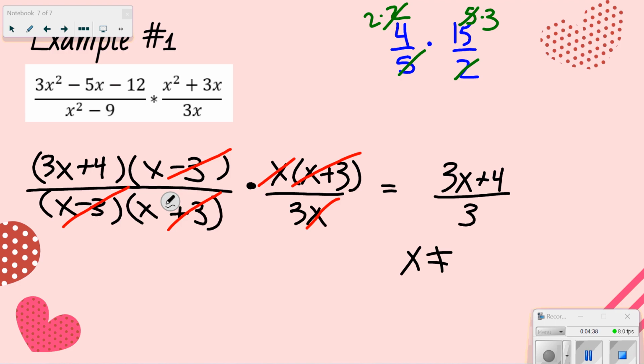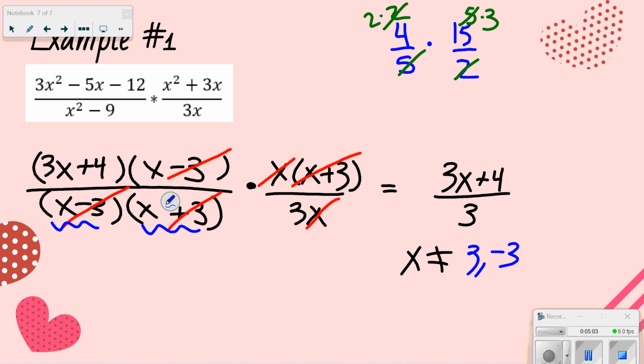Yeah, so y'all are already starting it off. How did you know 3 and negative 3? Because x minus 3 and x plus 3. Great job. 3 and negative 3 would have made that first fraction's denominator 0. What other values would have made the second fraction's denominator 0?